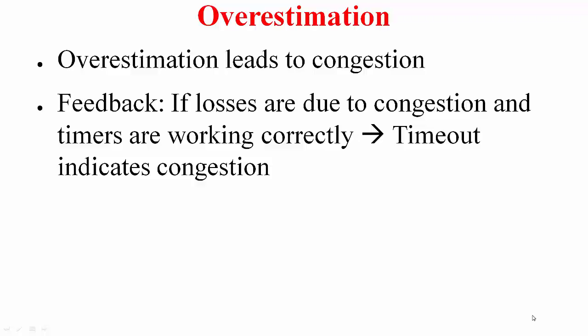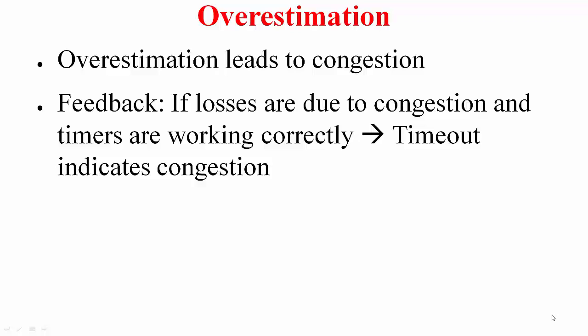The answer is timeouts. If losses are invariably due to congestion, again, since we are dealing with wired systems, the losses due to errors we can ignore because the bit error rate on wired links is extremely low.